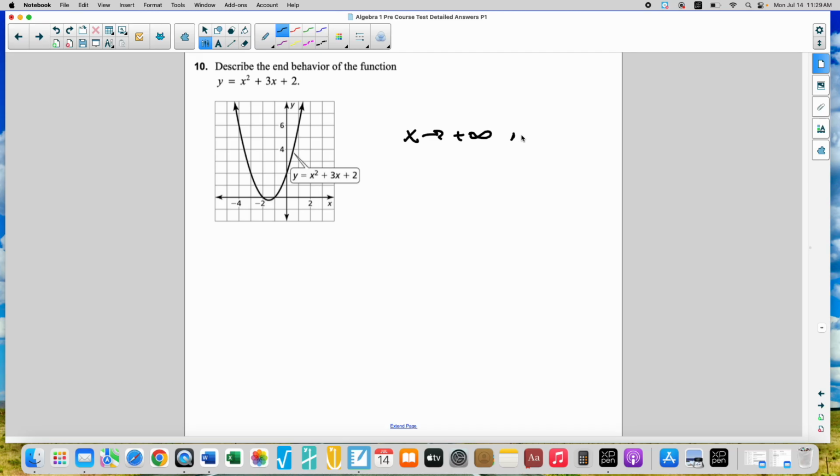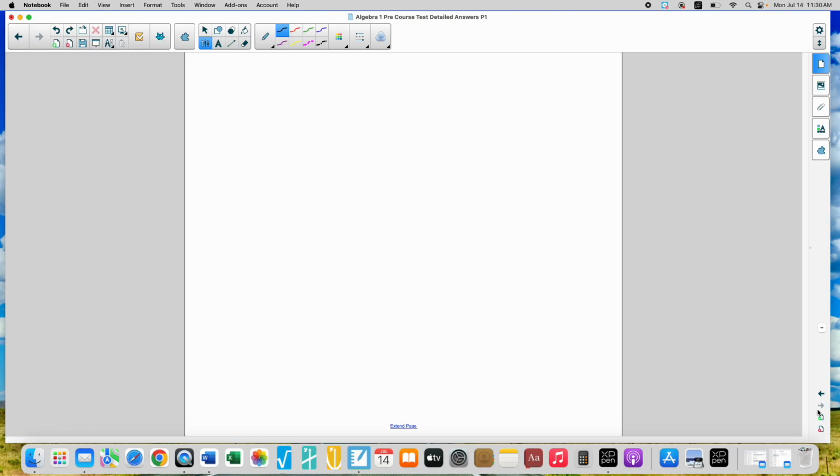Well, your y is going to go also to +infinity, because as x increases, y increases. And as x decreases, as it goes towards -infinity, what happens to your y? My y is going to continue to go, in this situation, towards +infinity. So that's how you would write that. That's the infinity sign. And that's it.